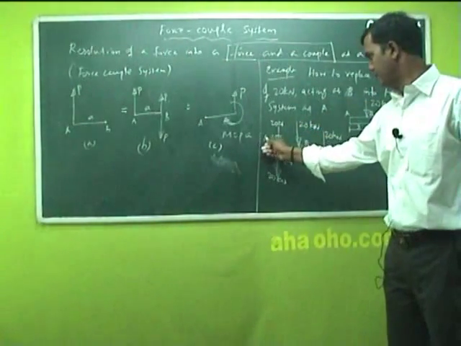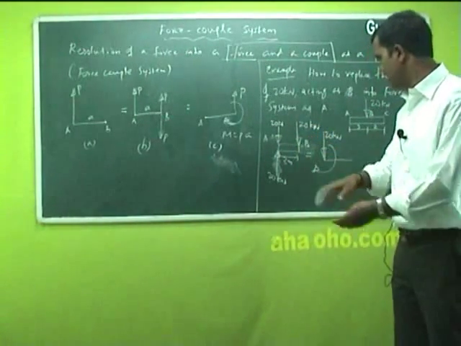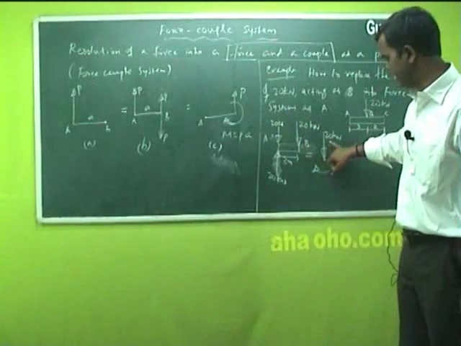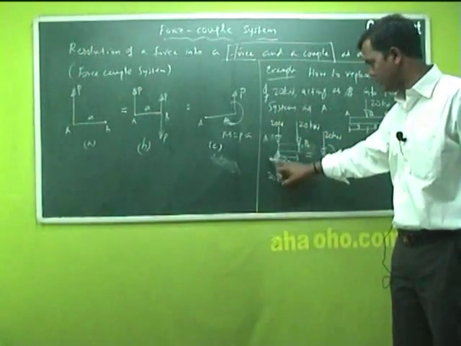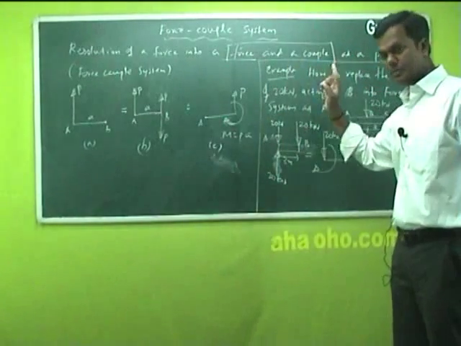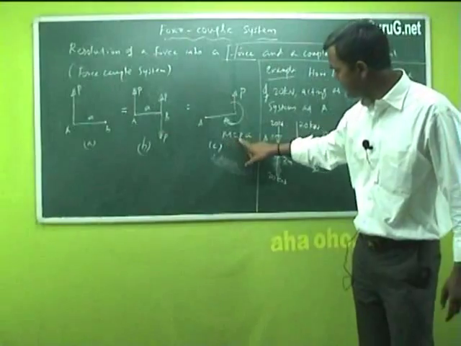This point is A. Now this 20 kilonewton remains as it is. The 20 acting downwards and the other opposite 20 acting upwards form a couple. So what should this value be? The moment is force into distance.